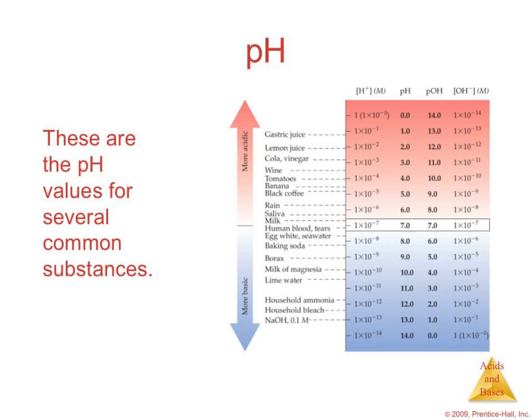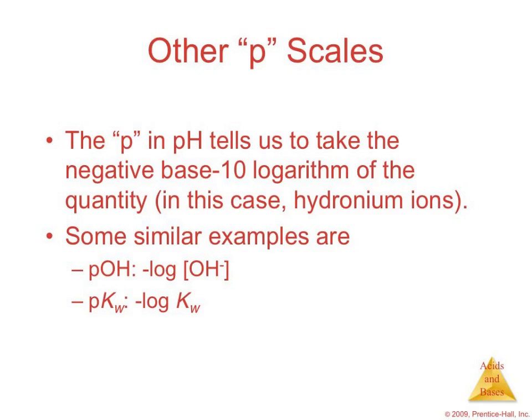Lime water, household ammonia, household bleach, sodium hydroxide. Definitely don't want to ingest those things. So the more basic it gets, the more harmful it gets. But we eat a lot of acids and bases, acids all the time. Bases tend to be more for maybe medicines and cleaning and those sorts of things. I don't think there's anything else I need to say about that.